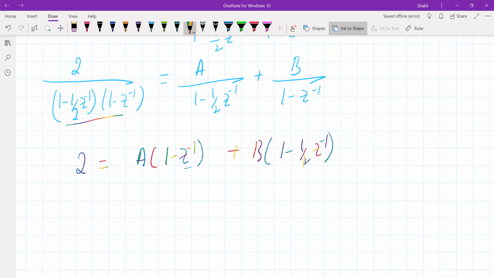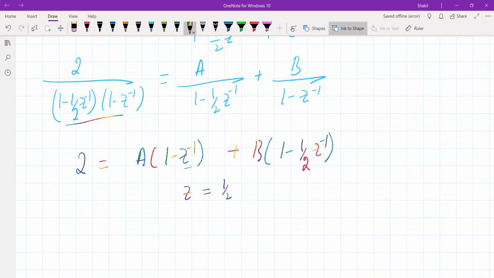To get the value of A, first let me write: if z inverse is equal to 2, then z is 1/2.